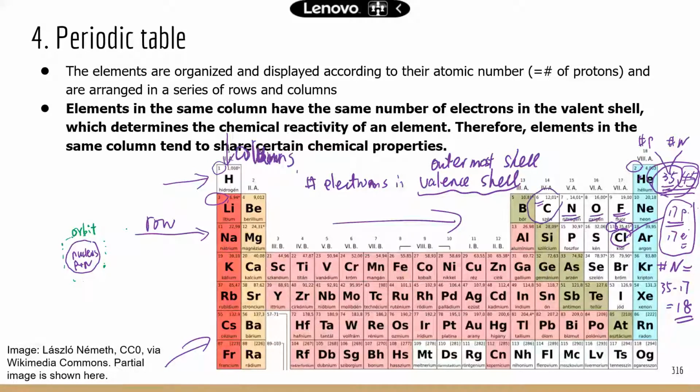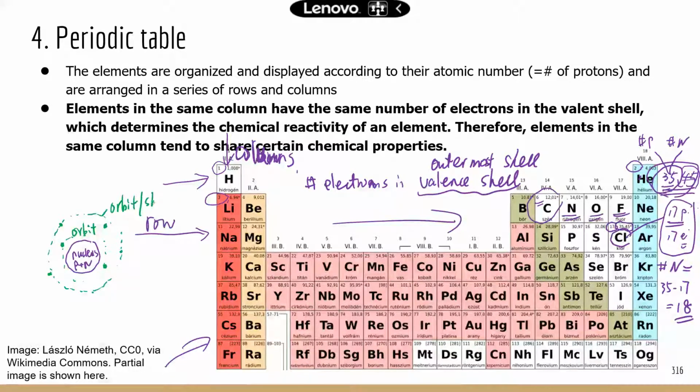The electrons with the lowest energy level are going to be the closest to the nucleus. So these electrons have the lowest energy level. For electrons that have more energy, they can fly a little bit further away from the nucleus. So they are going to occupy another shell or orbit.